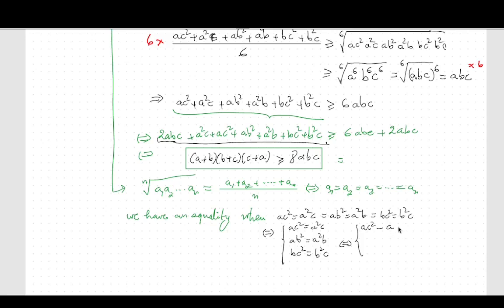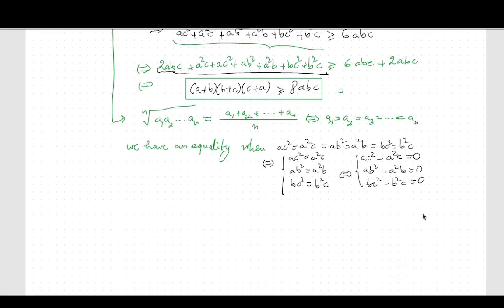So that is equal to 0. So ac squared minus a squared c is equal to 0, ab squared minus a squared b is equal to 0, and bc squared minus b squared c equals 0. We can factor. We have a common factor in the first one, so that's ac.